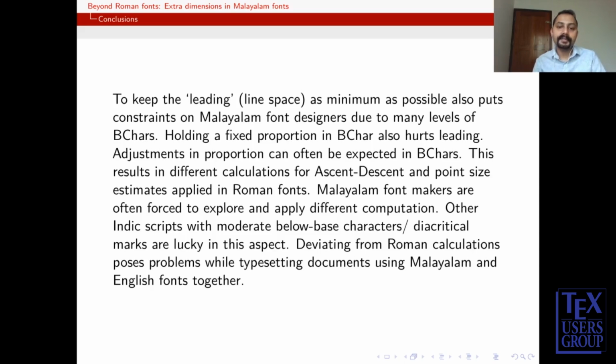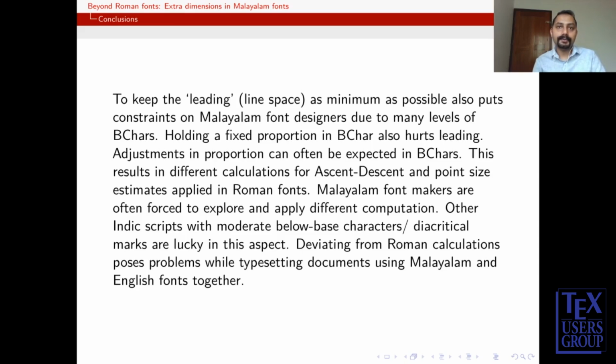Similarly, a fixed percentage of reduction is also not acceptable, but it has to be a varying reduction of the height and width of the below base character, to keep the balance of the shape of the glyphs as well as the legibility and readability of the glyph. And all these warrant deviating from the Latin font metrics.